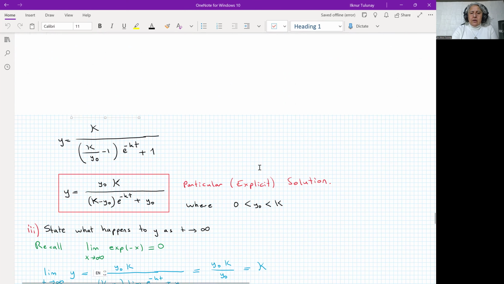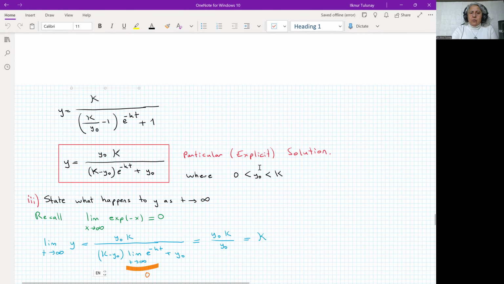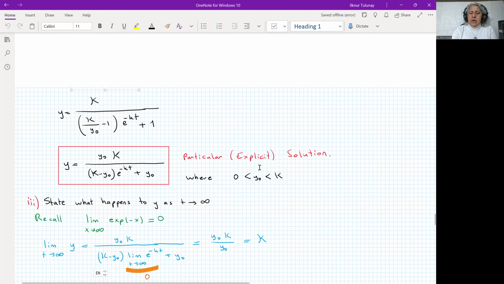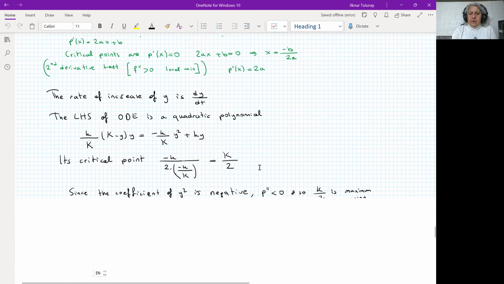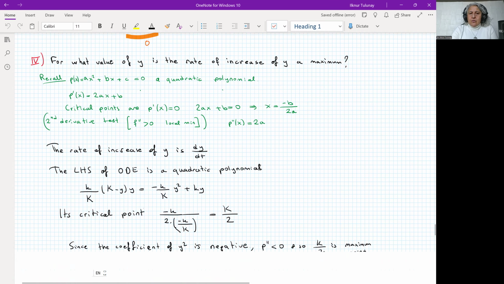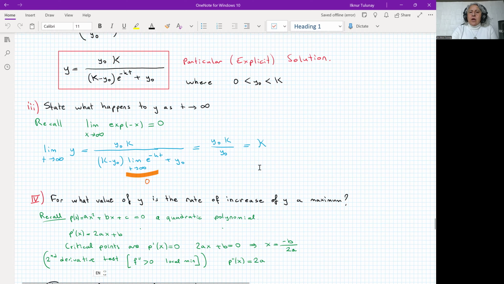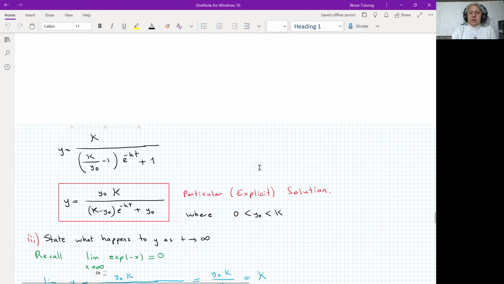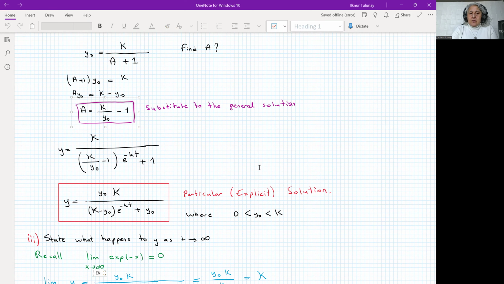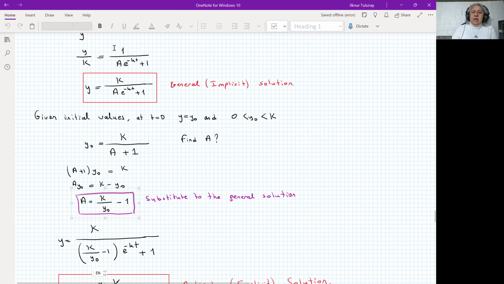I'm looking at the general solution, just waiting for my computer to load those pages. Okay, so this is the general solution.